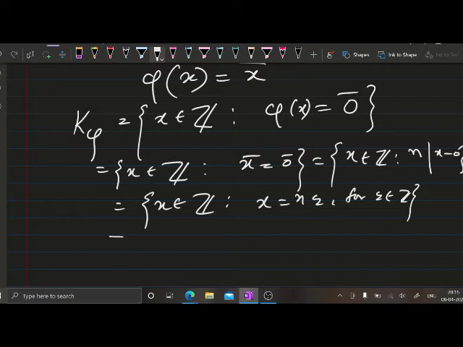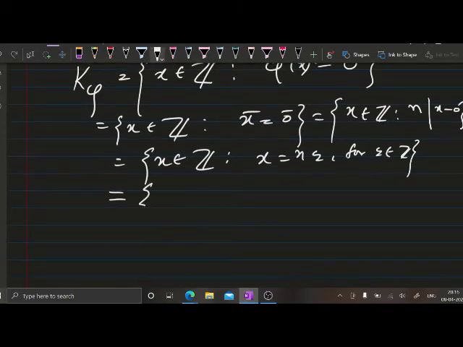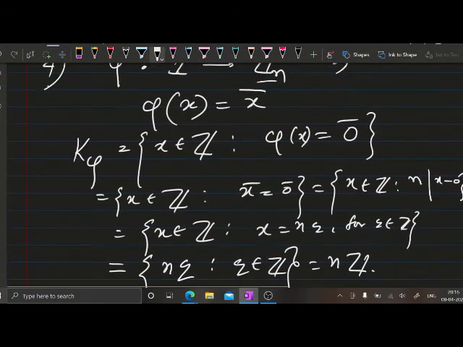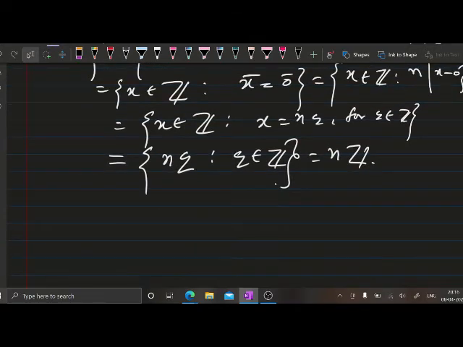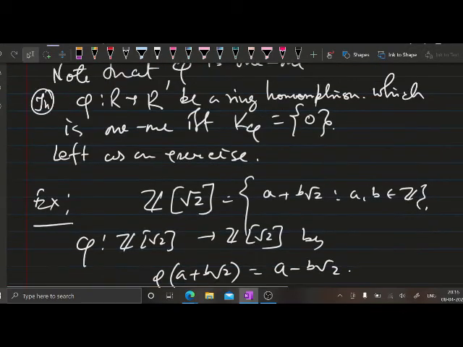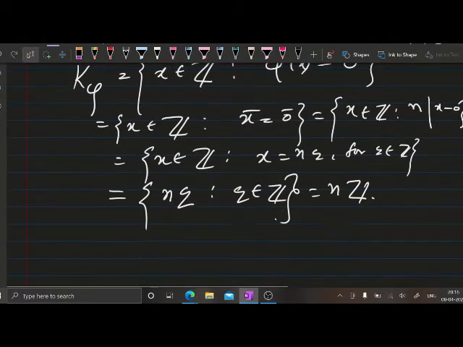So it is the set of all multiples of n. You can denote this by nZ. So the kernel of phi in that case is nZ. Okay.